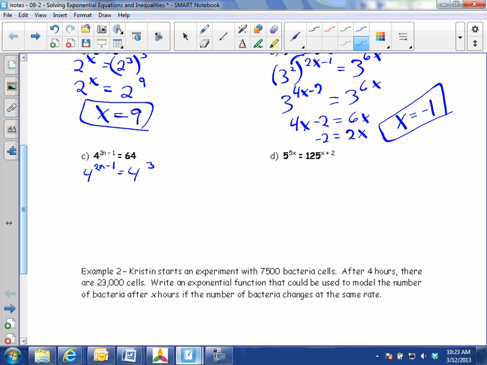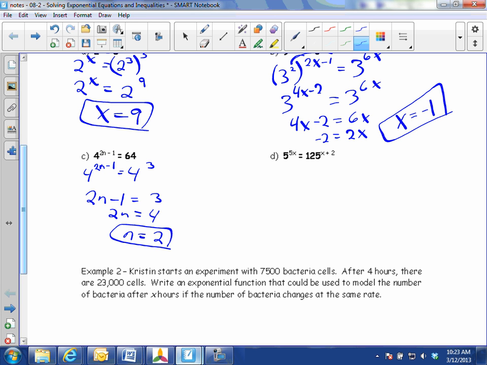Now what? Good. The exponents are equal to each other. Then add the 1 over. This is really easy. Told you. Yeah, it's easy.